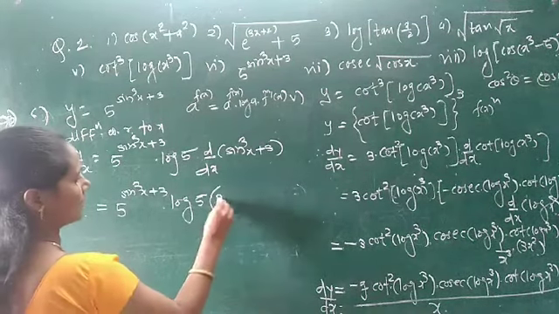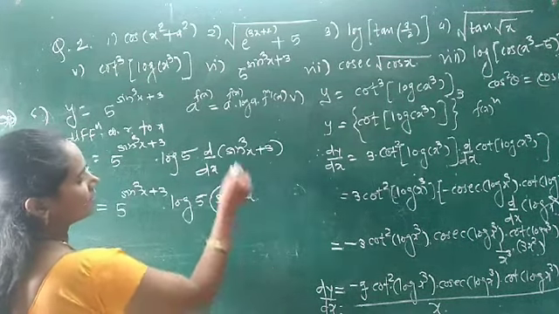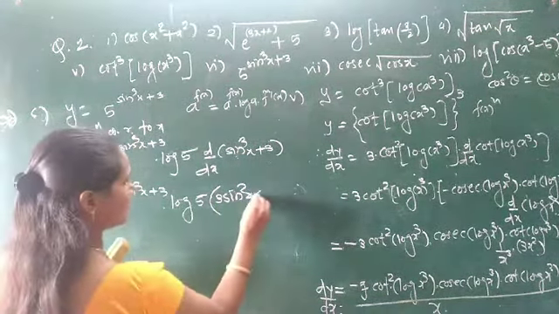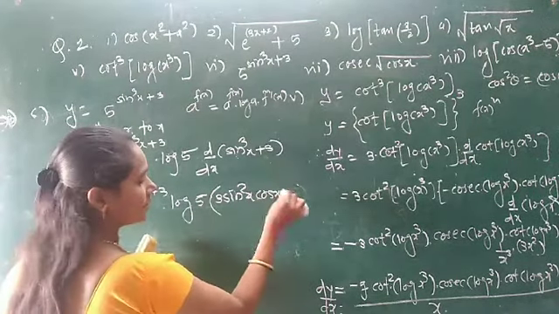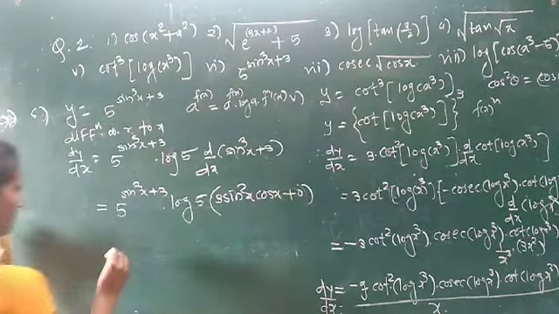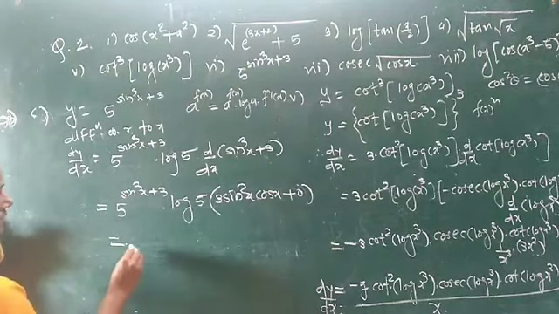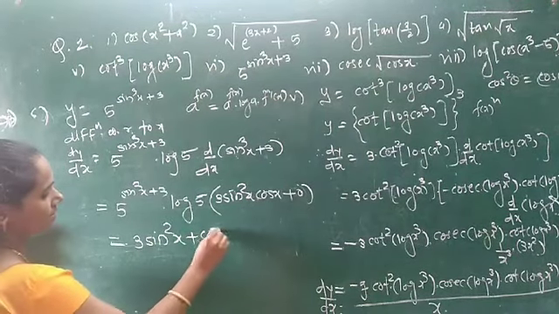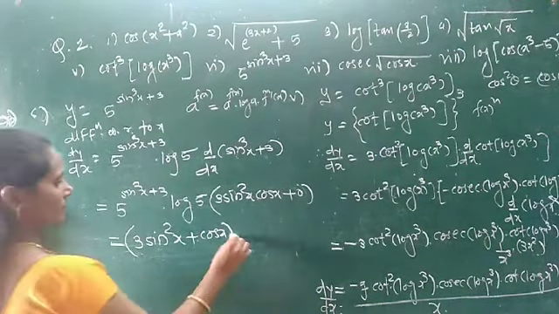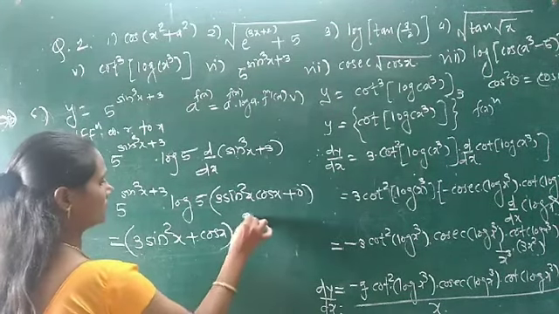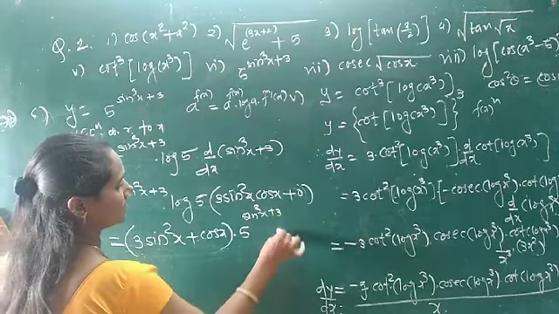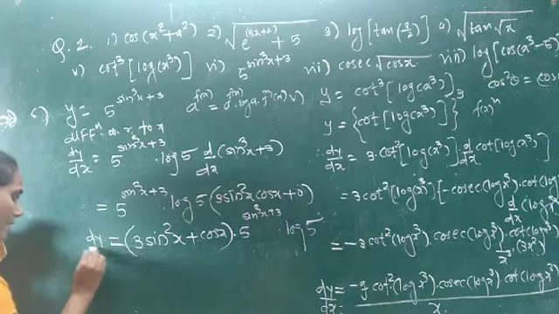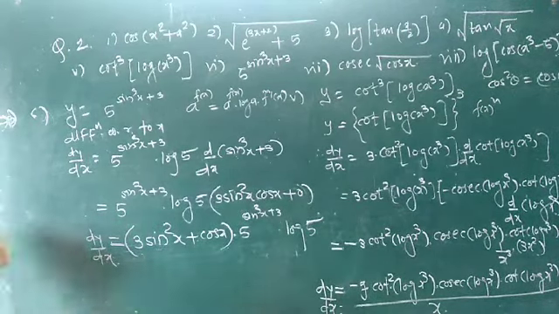That is 3 sin square, power function, the derivative of sin cube is 3 sin square and into the derivative of sin, that is cos x. And the derivative of 3 is 0 since it is a constant. So what is the answer here? 3 sin square x into cos x into 5 raised to sin cube x plus 3 into log 5. That is dy upon dx.